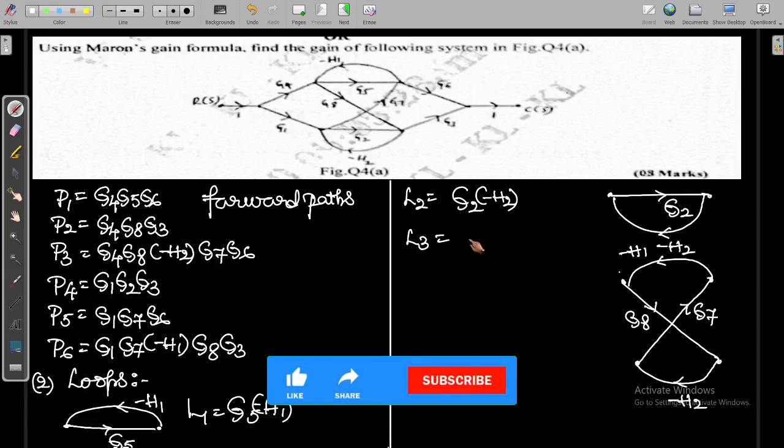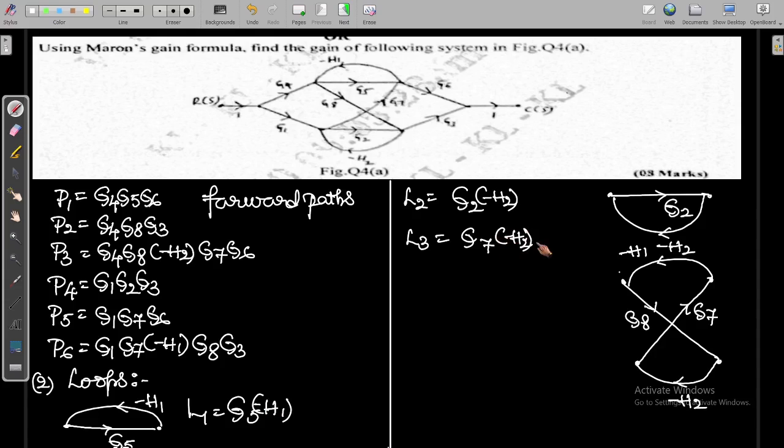We start with g7 minus h2, then g8, then minus h1, here g7 minus h1. If you multiply the minus signs, finally you are going to get g7 g8 h1 h2. So these are the individual loops.